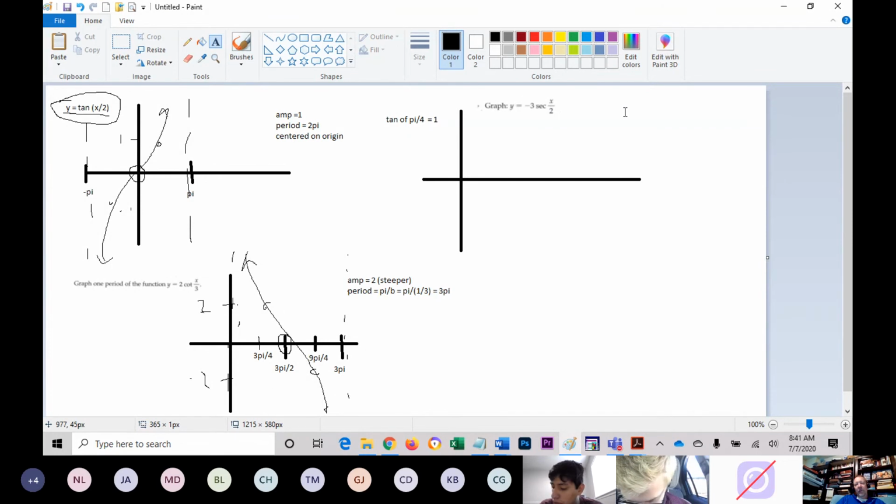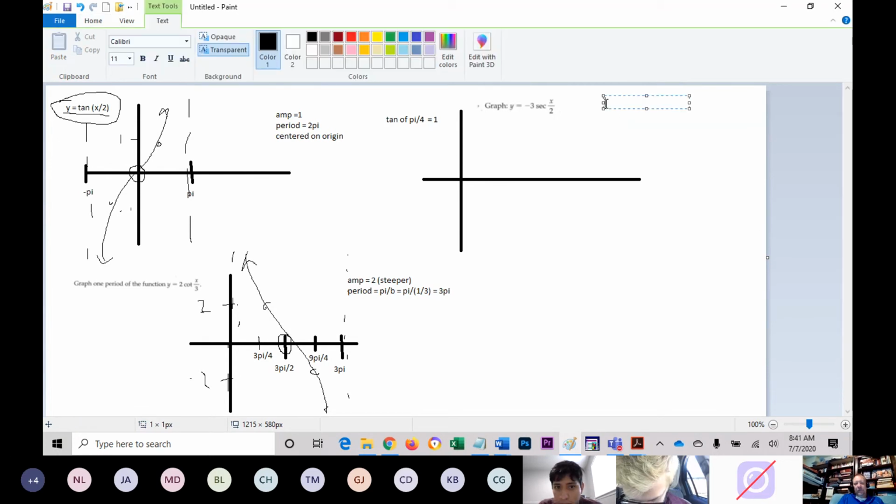If you want to start with the reciprocal function and then tell me the secant later, what's the reciprocal function? Secant is 1 over the cosine. Okay, right.